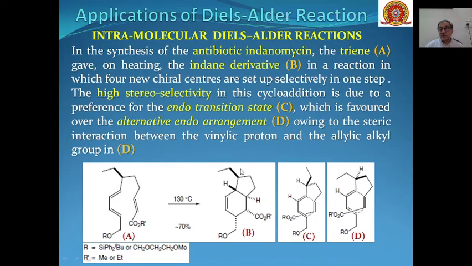So this has four new chiral centers present in the product, whereas this triene did not have any chiral center over here.